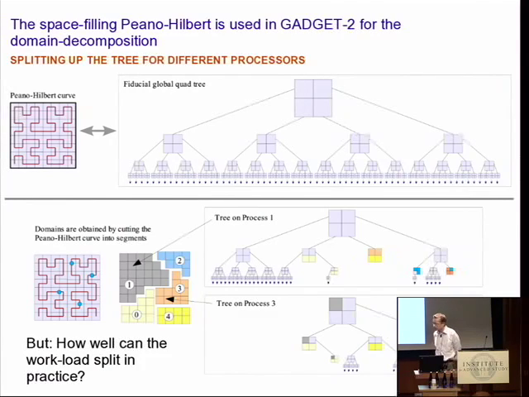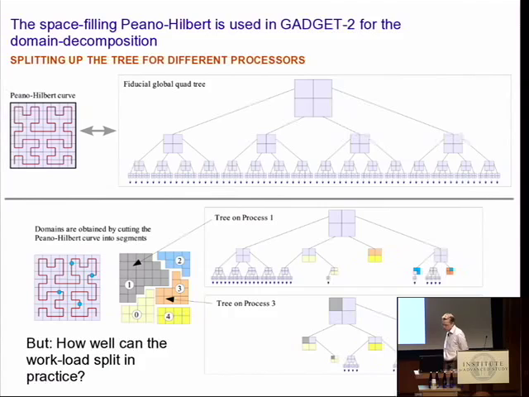If it's more strongly clustered, it will have a bit higher cost. Also, then its time steps will be shorter, so the frequency with which the force has to be recalculated will be higher. So you need to devise some scheme that measures that sort of calculational cost of each particle. And then you want to cut your domain such that the sum of the costs of all the particles in the domains is equal. So that's sort of the goal.